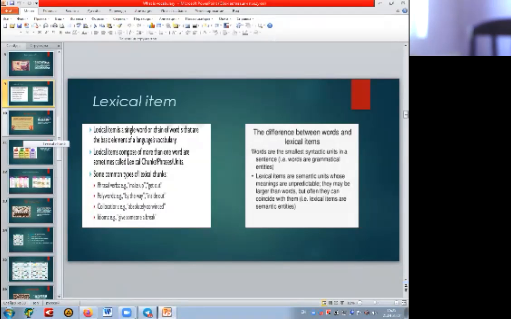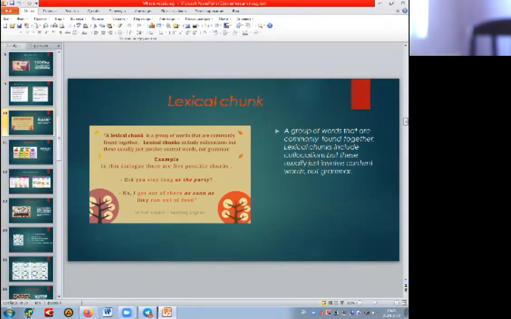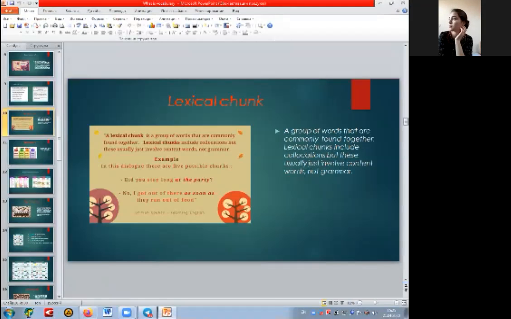And now we will speak about lexical chunks. What is it? A lexical chunk is a group of words that are commonly found together. They may include collocations, but they usually involve context words. They are not connected with grammar.